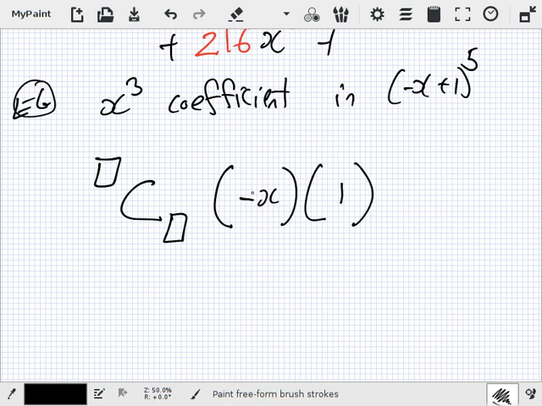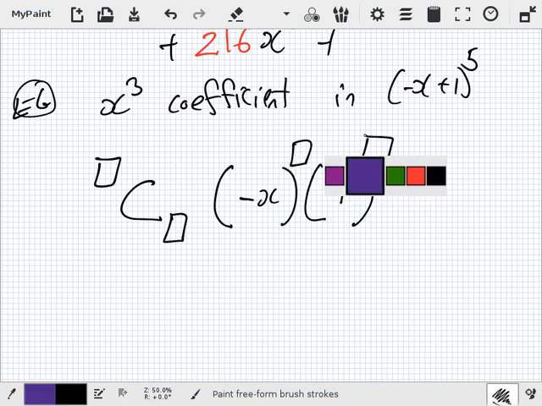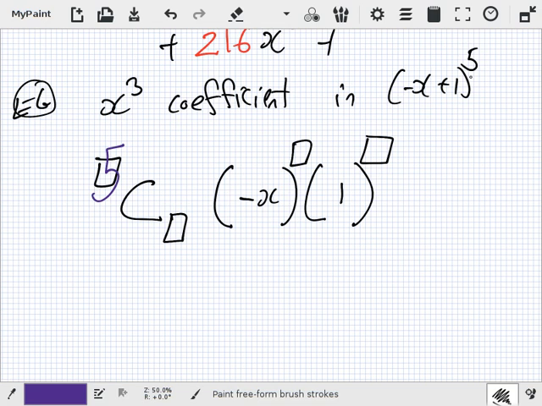Let's start filling in, because this needs a power and this needs a power. I know this one here must be what? 5. Because of this. I know this one here must be what? 3. Because this is what I want. Therefore, I know this one here, 2.